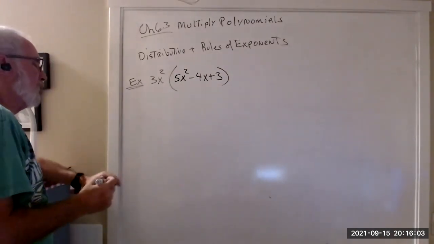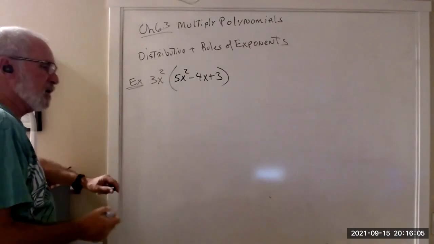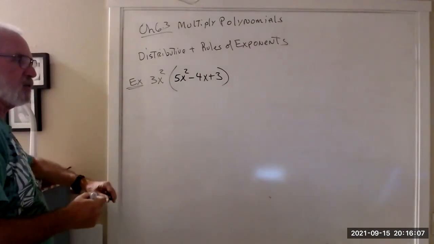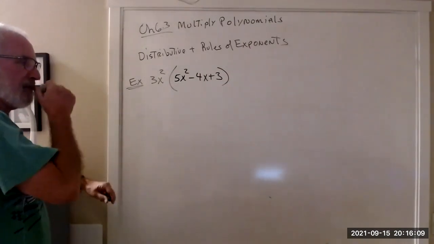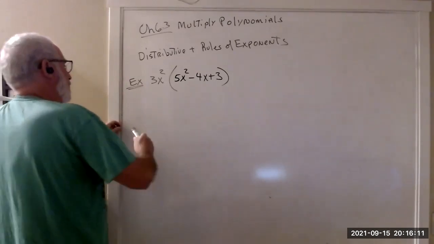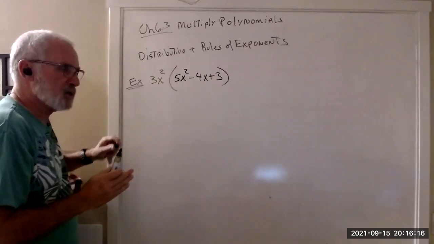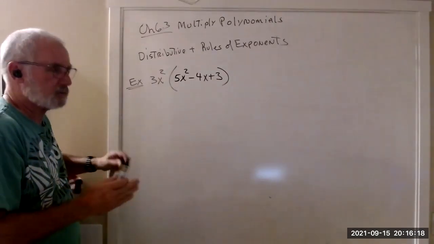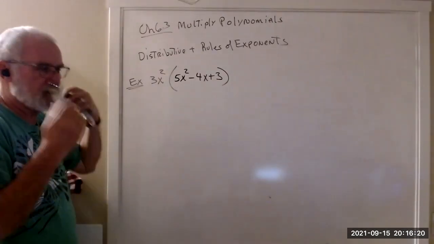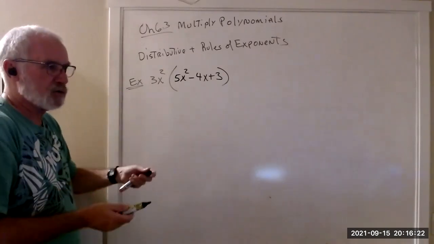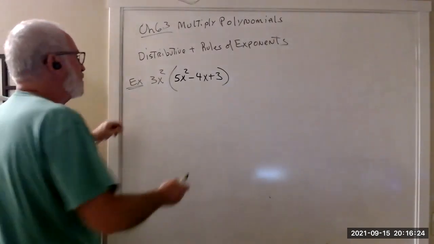Okay, so again, parentheses kill us. We don't like them. So we have the distributive rule. Again, I accept that some people can do this entirely in their head. I have to show you how. I have to show it to you on paper. Okay, so here we go.